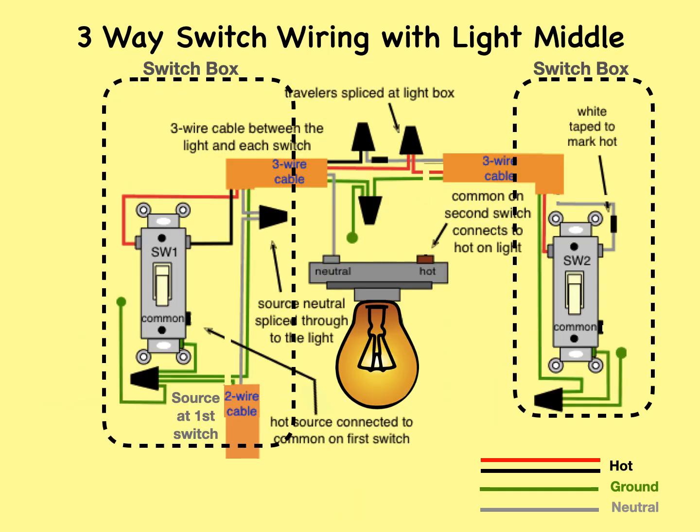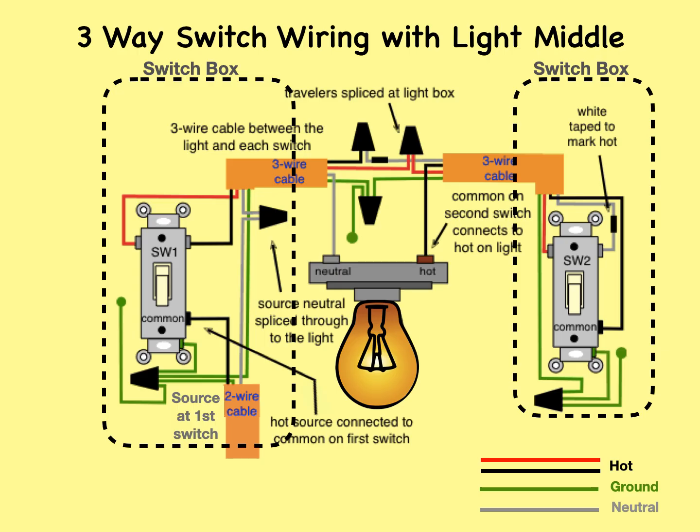The source in this circuit is at the first switch and the light fixture is located between switch 1 and switch 2. Three-wire cable runs between each switch and the light fixture. The hot source wire is connected to the common terminal on switch 1. The common terminal on switch 2 is connected to the hot terminal on the light.